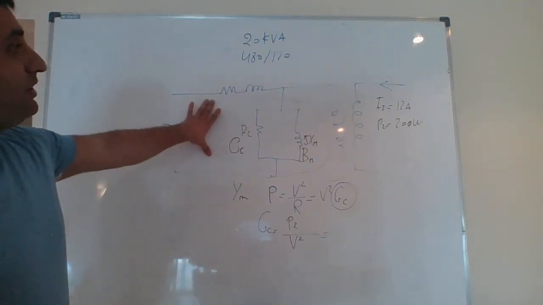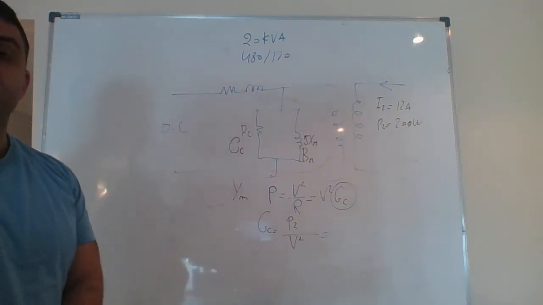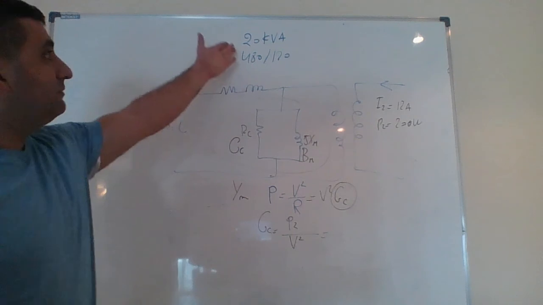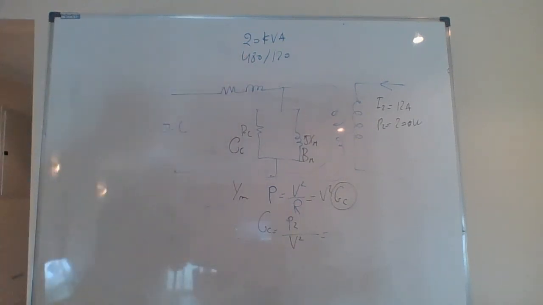What's the rated voltage in here? It's 480. Remember, at the beginning of the example, during the open circuit test, rated voltage is applied to winding 2.